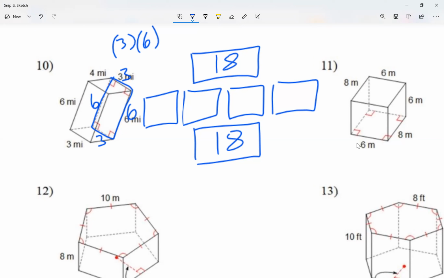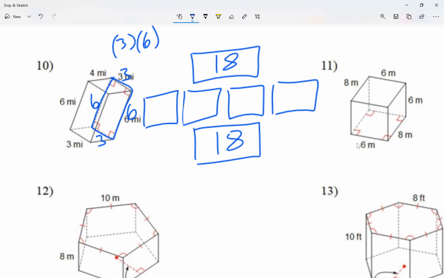Now let me find the height of the prism. If I was to stand the prism up, what would be the height between the bases? It's usually the number that has nothing to do with my bases. I see a 4, a 6, and a 3.